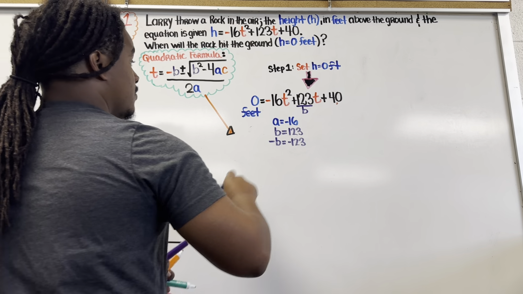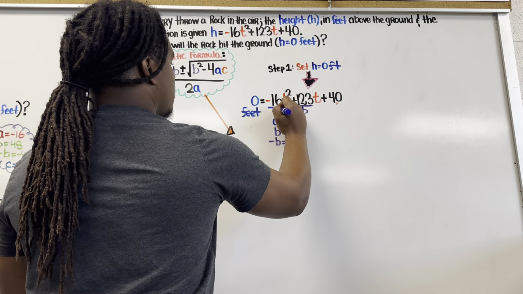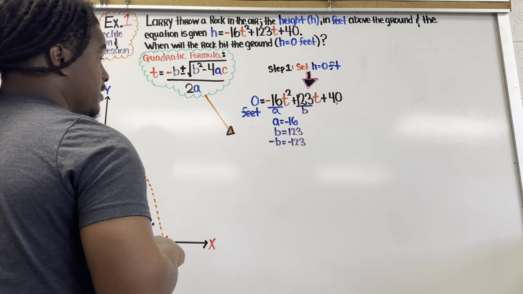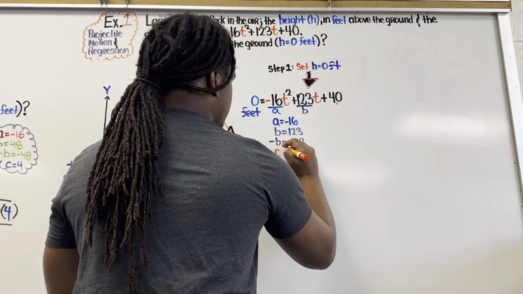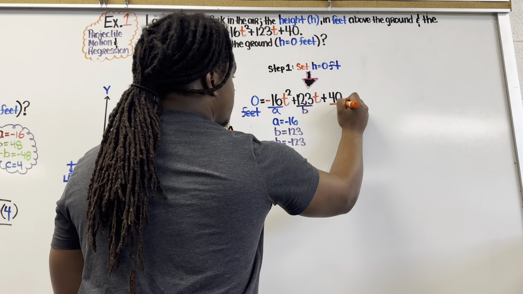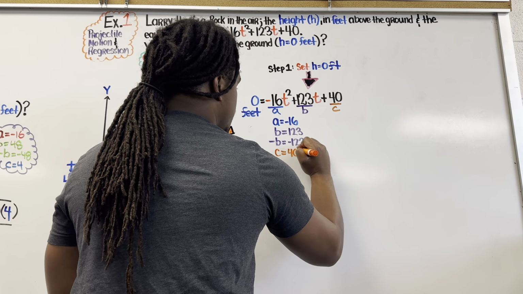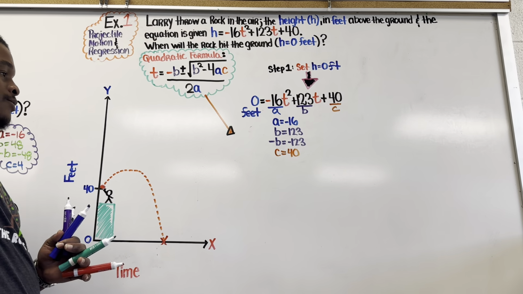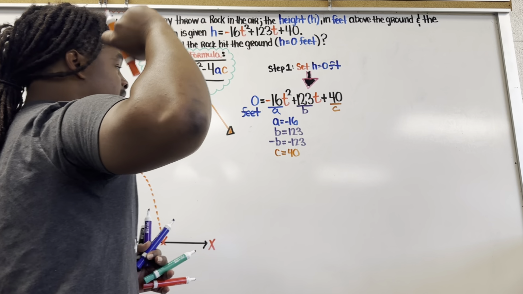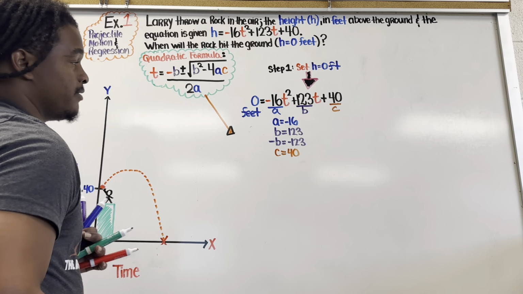Once again, negative 16 is a, and then c is 40. Remember, c is the y-intercept, and it's 40, meaning the initial position of the rock was 40 feet above 0 feet.